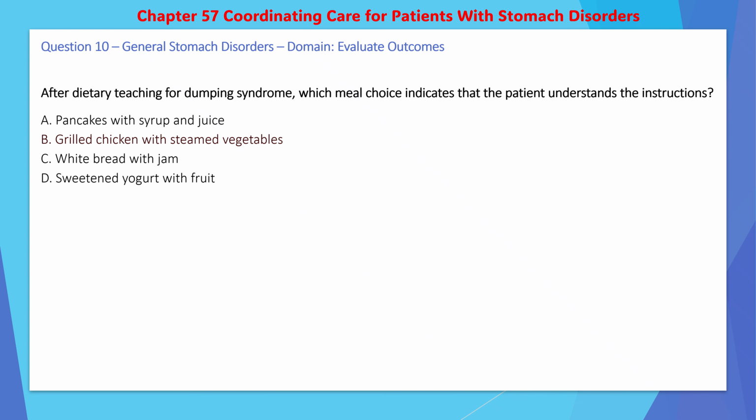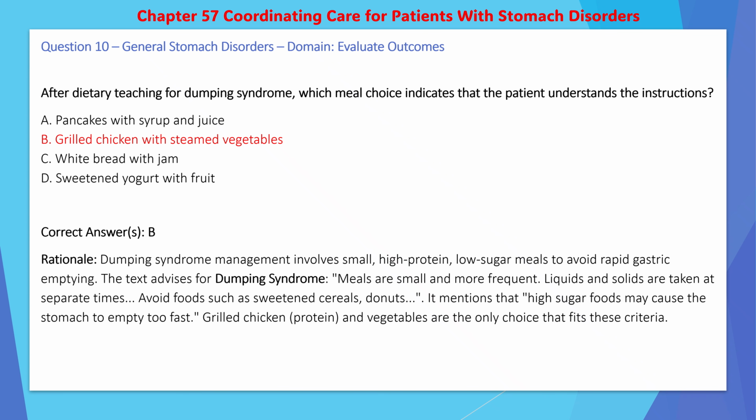The correct answer is grilled chicken with steamed vegetables, because dumping syndrome management involves small, high-protein, low-sugar meals to avoid rapid gastric emptying. The text advises that for dumping syndrome, meals are small and frequent.